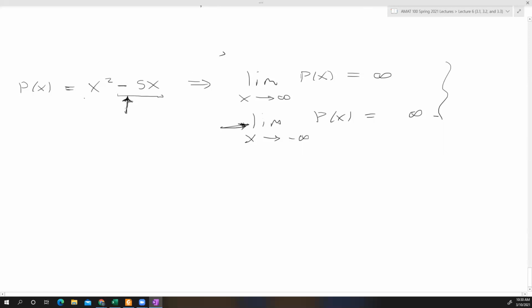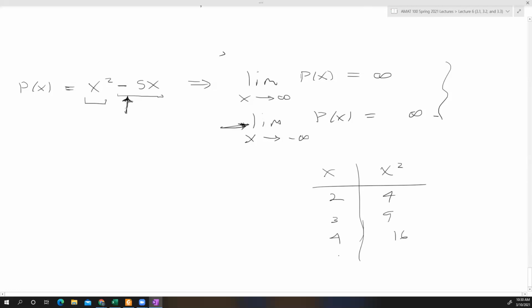But what's also true is that x squared compared to x is growing faster. If you plug some numbers in, you know, 1, say, so you plug 2 in, you get 4. You plug 3 in, you get 9.